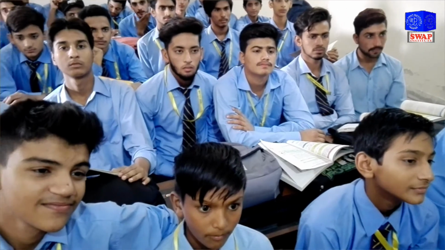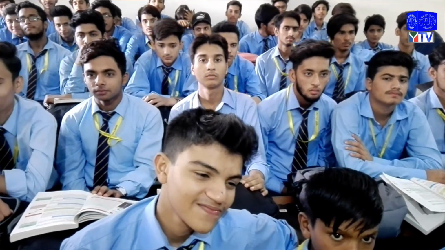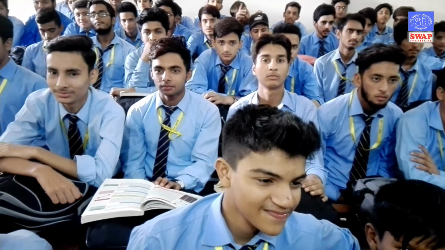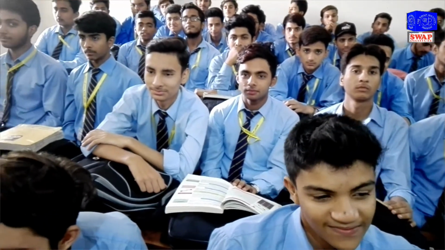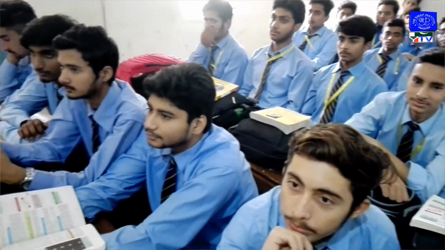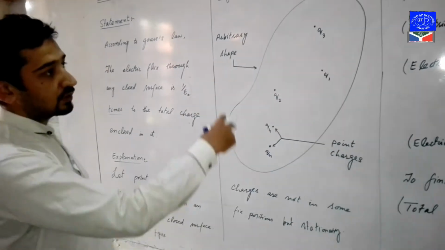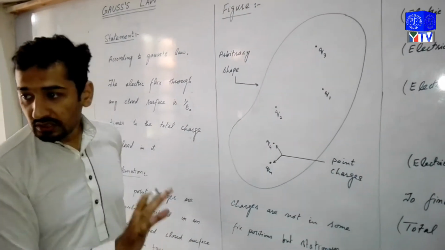In the previous lecture we dealt with the spherical surface, but here it is an arbitrary, irregular shape, and the point charges are also arbitrarily distributed inside the closed surface.